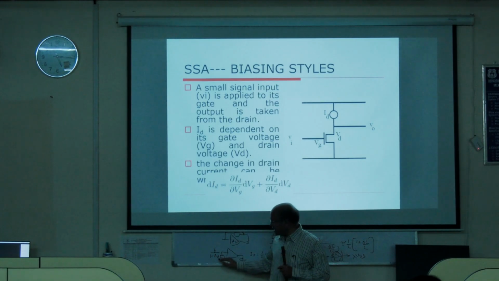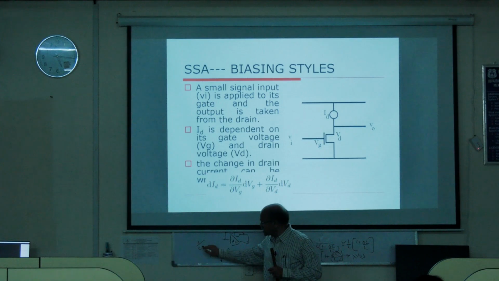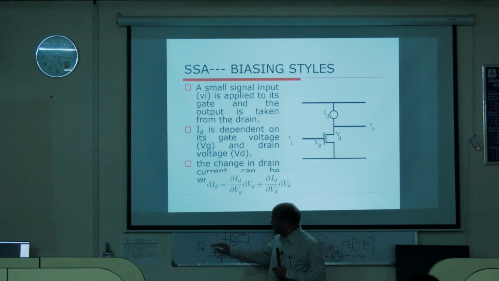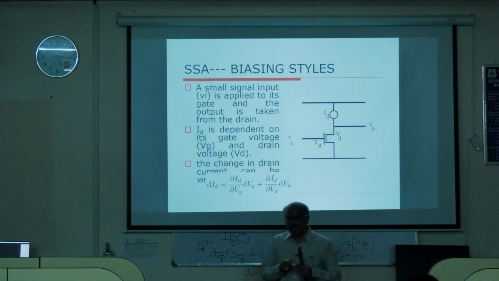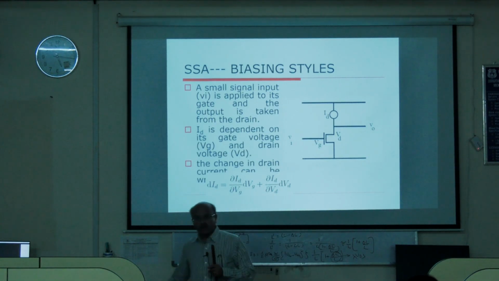So that can be written as Z by 1 minus AV. So Z is equal to 1 by sCGD, into 1 minus AV. 1 is small as compared to voltage gain, so it is AV, right. It appears that the CGD is multiplied by the gain times and is appearing at the input, right.